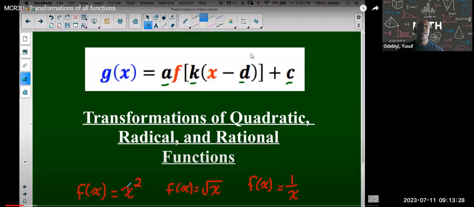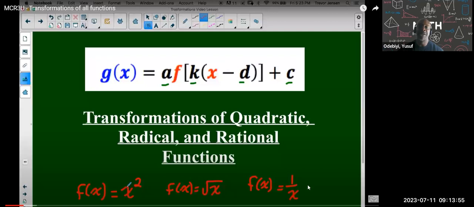But the transformation works the same way, right? If you have a parent function and then you apply the transformation. So for example, if you have a plus c, and let's say it's plus 3 over here, then if this is the parent function, this would shift up 3. And if this was the parent function, this would shift up 3.